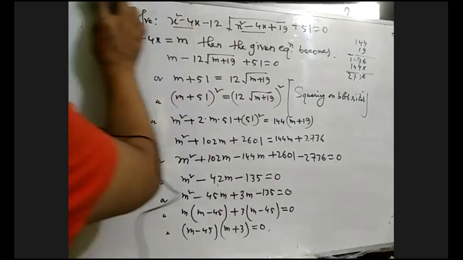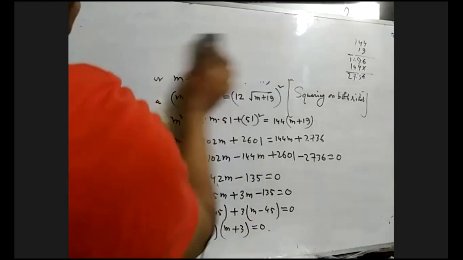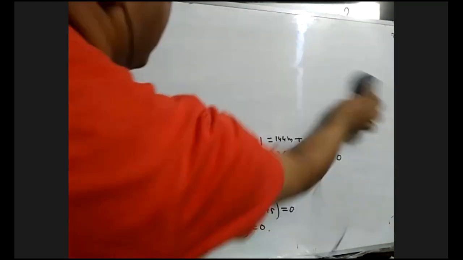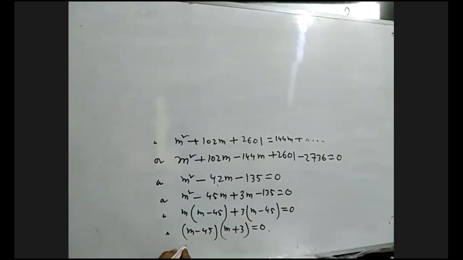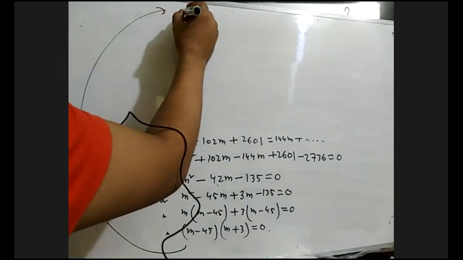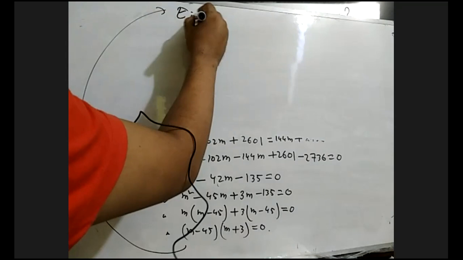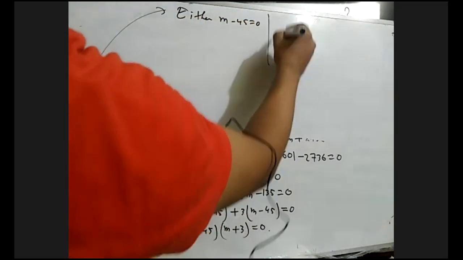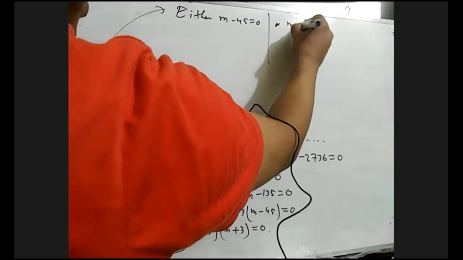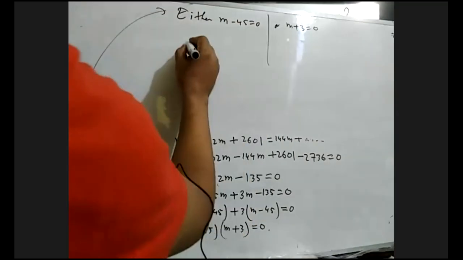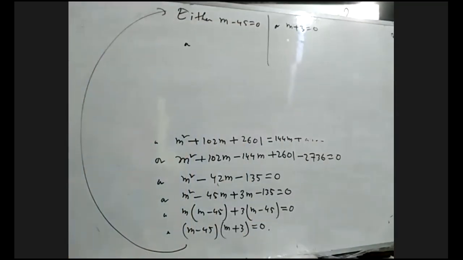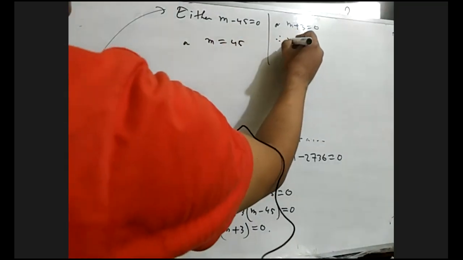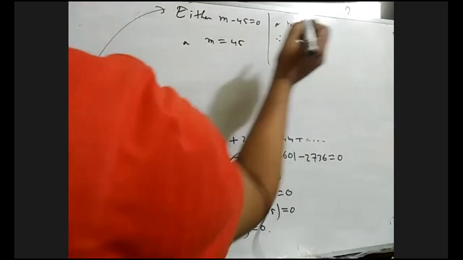So now erasing here, from this line we can write easily either m minus 45 equals 0 or m plus 3 equals 0, so m equals 45 or m equals minus 3.